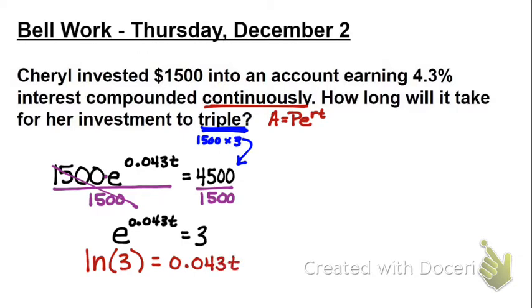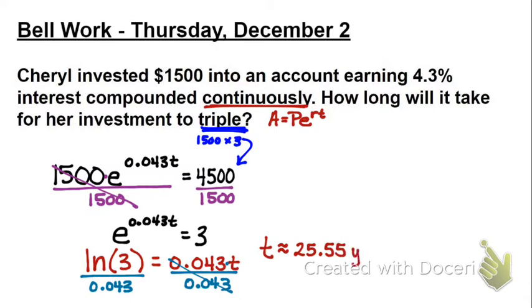And then after that, we're going to divide both sides by that decimal, 0.043. And if we take this out to 2 decimal places, we figure out that it is about how long? 25.55 years. Fantastic.